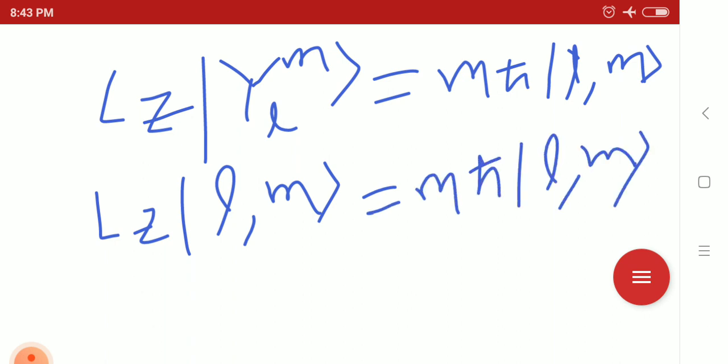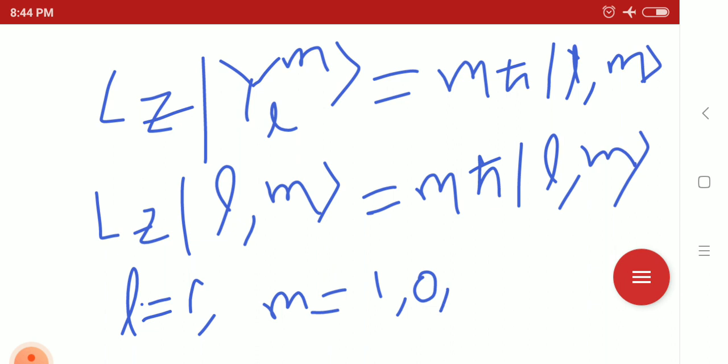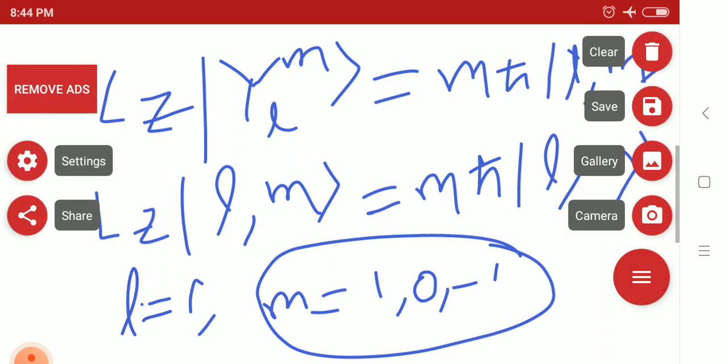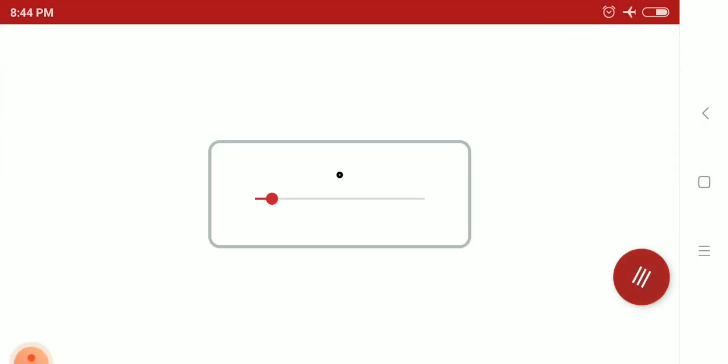Now suppose we have orbital angular momentum l equals 1. So the m values are 1, 0, minus 1. Let's construct a matrix using that formula of Lz.